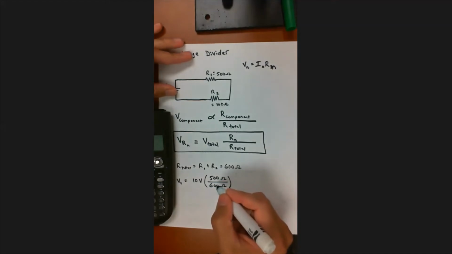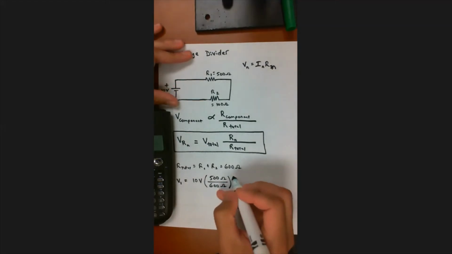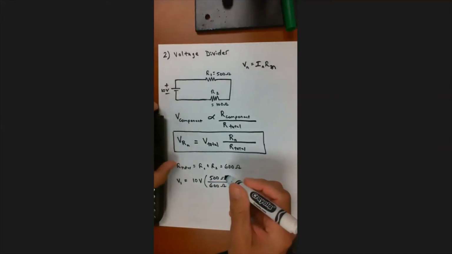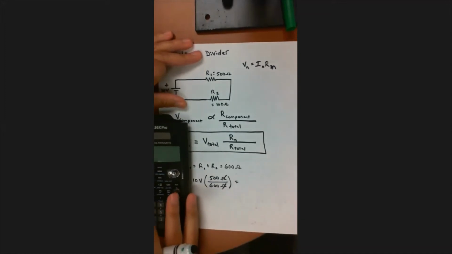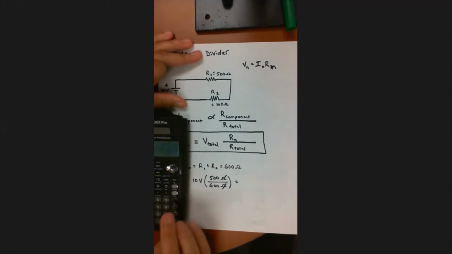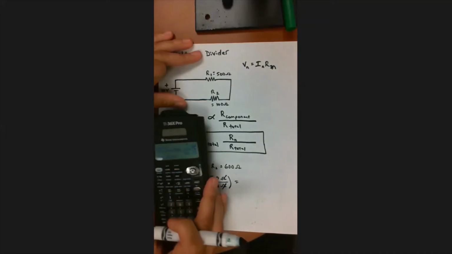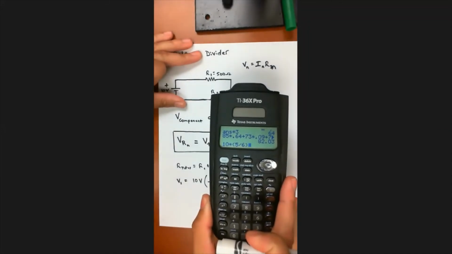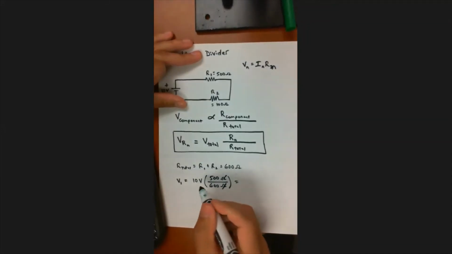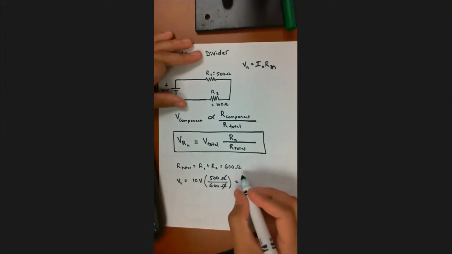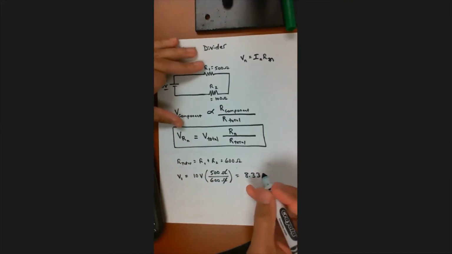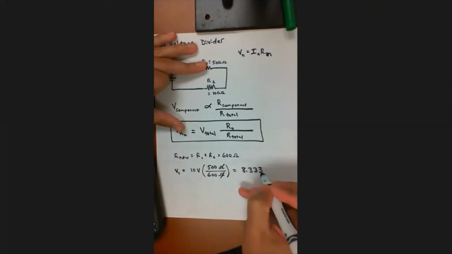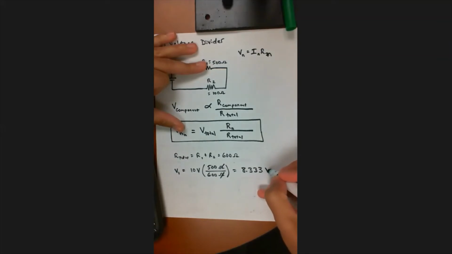So this is just 5/6, or 500/600. Your ohms cancel out, and so do your hundreds. All we have is 10 times 5/6, and make sure you have the parentheses there. 10 times 5/6 gives you 8.33. Let's go out to the millivolts: 8.333 volts. That's close enough.